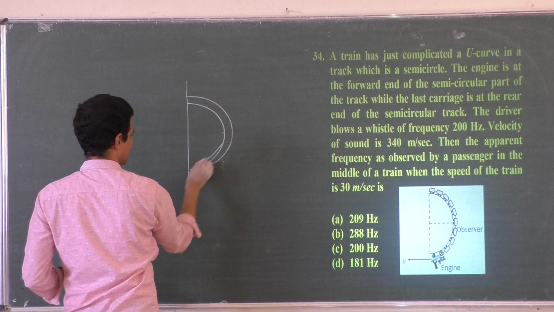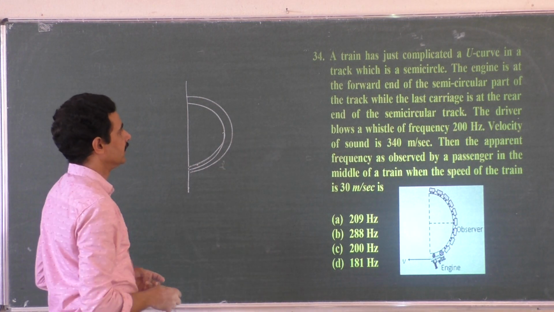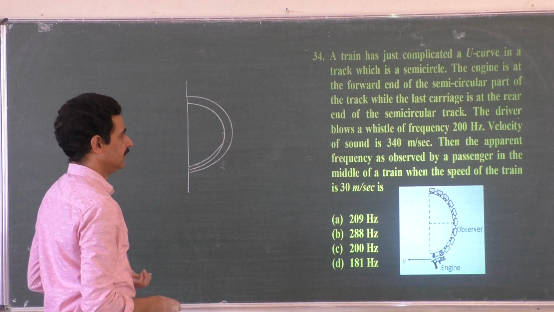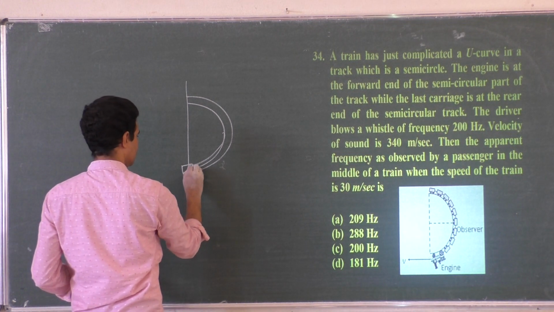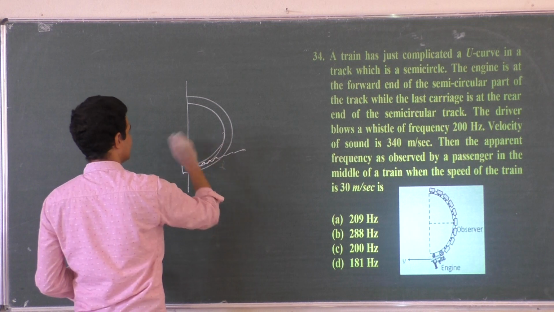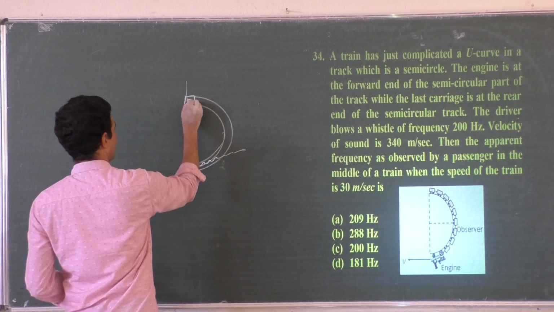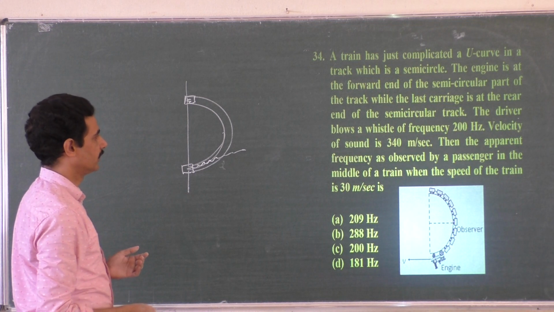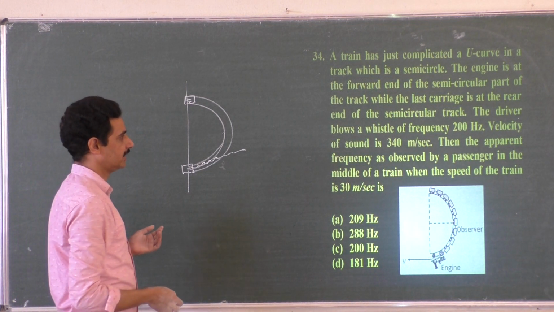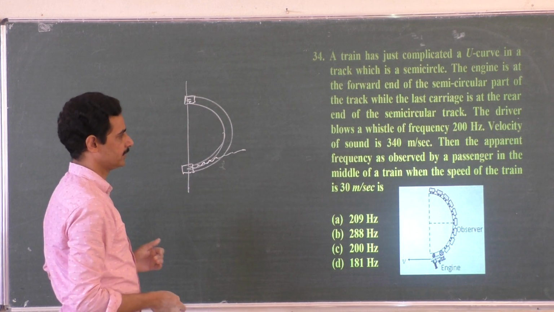A train has just completed a U-curve in a track which is a semicircle. The engine is at the forward end. That means here is the engine emitting the smoke like this, and this is the tail end, the last compartment. The engine is at the forward end of the semicircular part of the track, while the last carriage is at the rear end of the semicircular track.